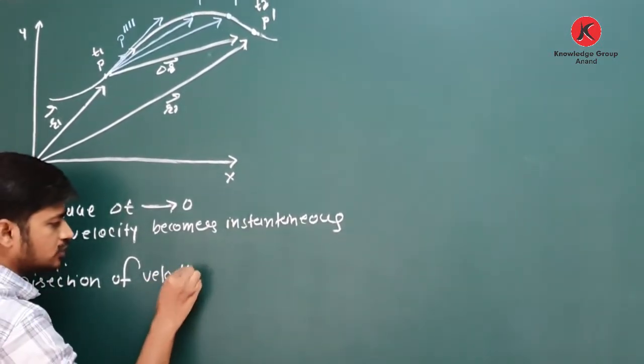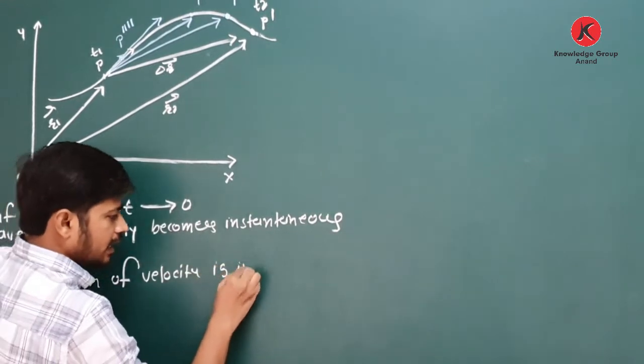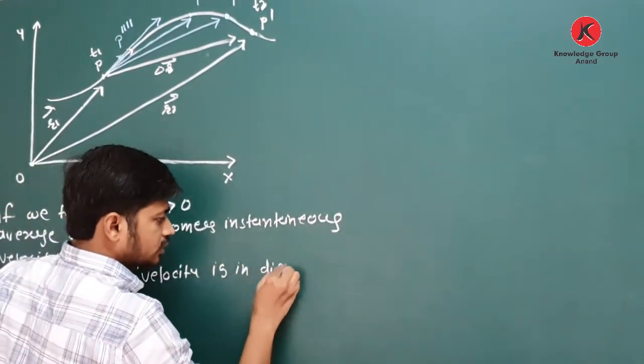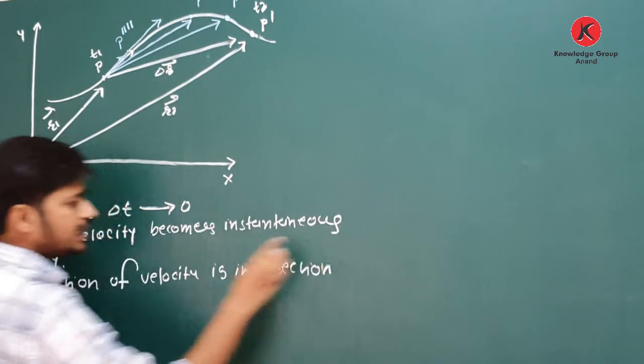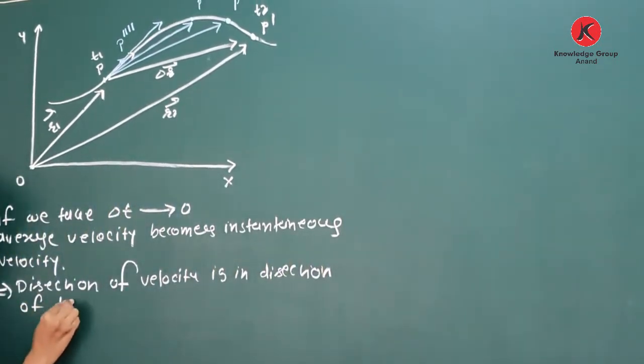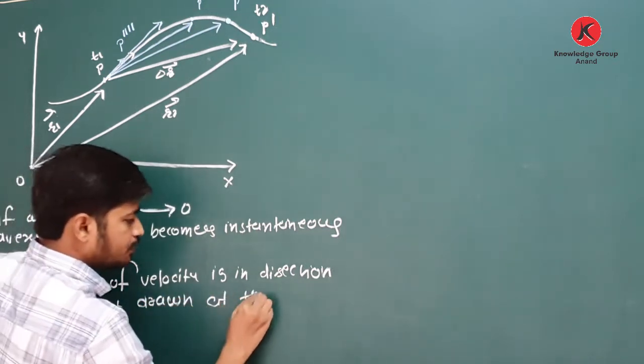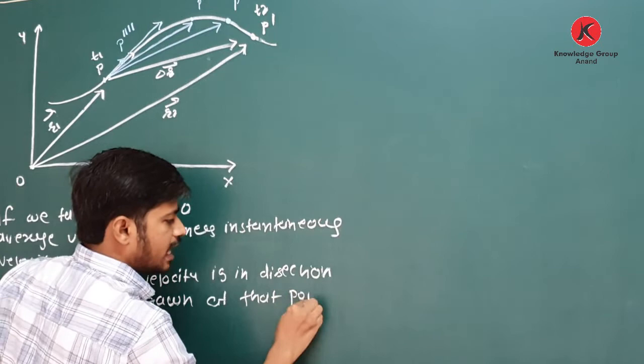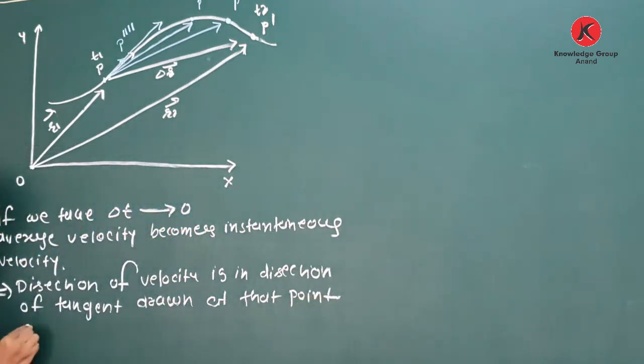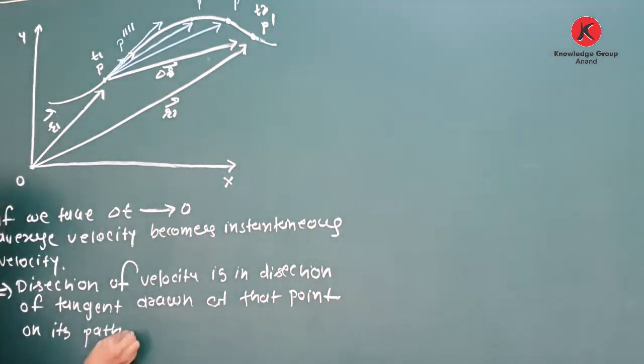The direction of velocity is in the direction of the tangent drawn at that point on its path. So this point you have to remember.